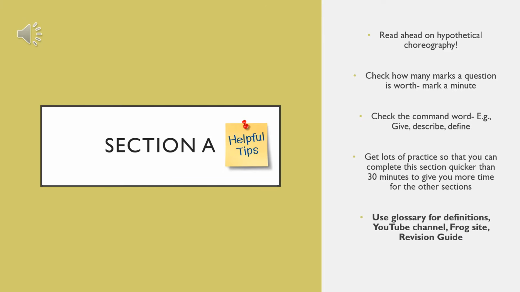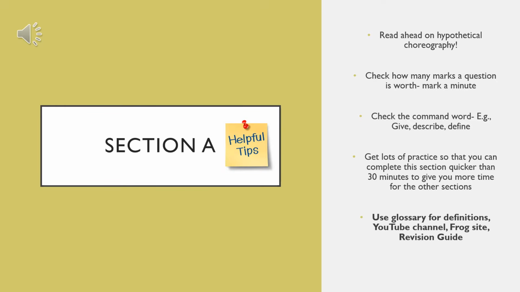Key helpful tips for section A. Firstly, read ahead on hypothetical choreography. This is mentioned in the hypothetical choreography videos on YouTube for more detail about that. Check how many marks a question is worth.